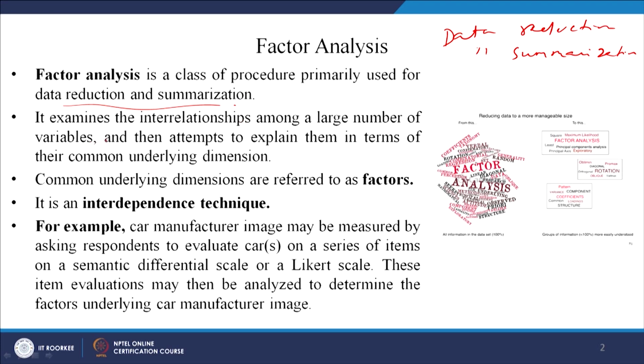So, suppose you have got a large number of variables, let us say during a psychological study you want to understand the personality or the traits of people, right. So, when you are trying to understand the traits or personality of people, there could be maybe 50, 60 such traits which you are observing.